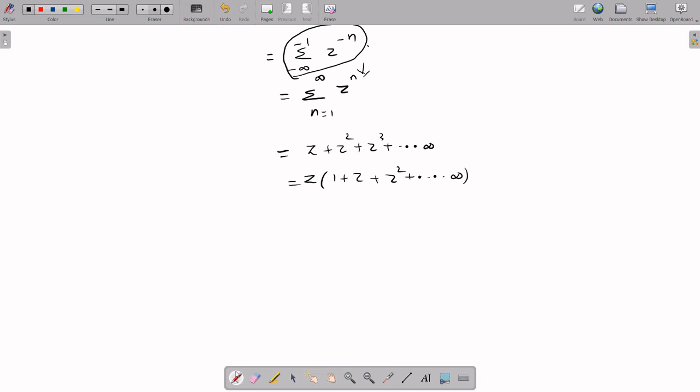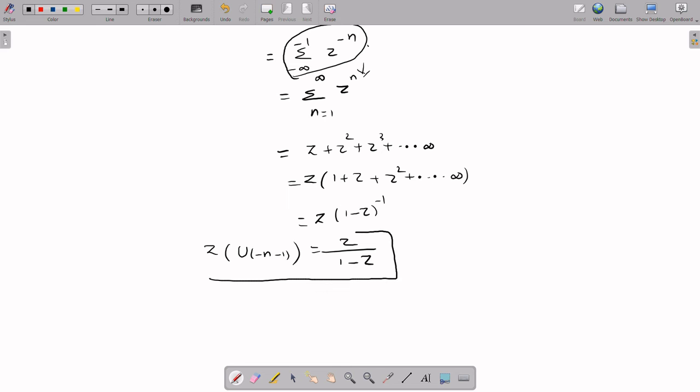So this value is equal to z into, what is this expansion? 1 minus z whole power minus 1. Sorry, 1 minus z. So this is equal to z by 1 minus z. This is the z transform of u of minus n minus 1. You have to remember this also.